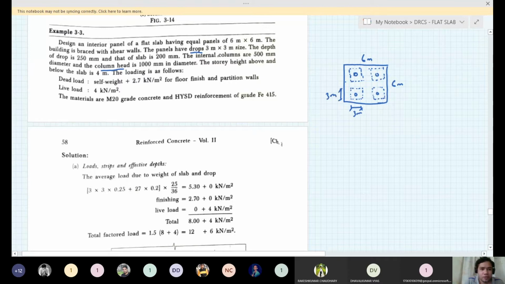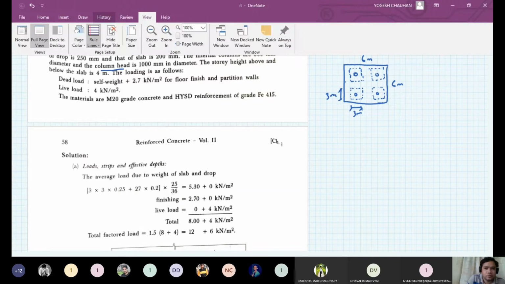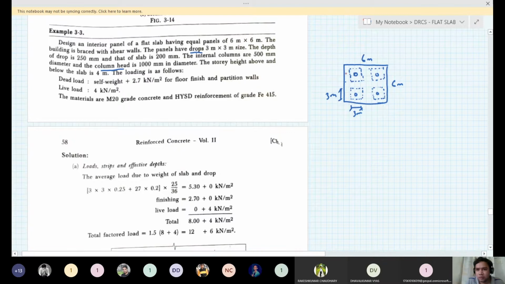The depth of the drop is 250 mm and that of slab is 200 mm. Means if you draw a section here, I'm just enlarging the view.